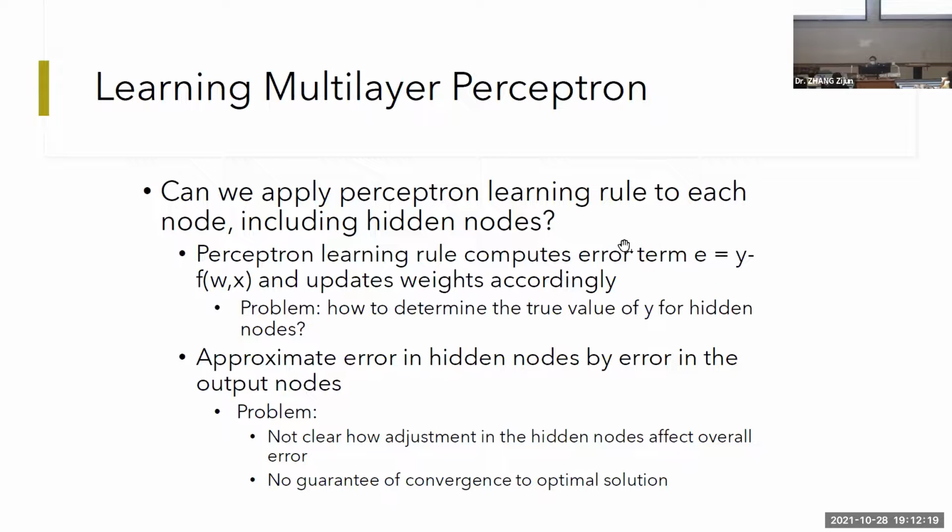But can we apply the perceptron learning rule to each node, including hidden nodes? The perceptron learning rule updates the weights by computing the error term, which is the error between y, the observed response, and the computed response based on your network f(w,x), and updates weights accordingly. Okay.